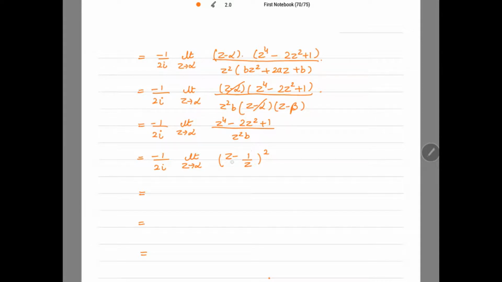That is your perfect square. And the z square that you have taken common is cancelled out with this z square. So I am left with this. Is it clear? Okay, I will write the steps for you. I have taken z square outside, and this is z square minus 2 plus 1 over z square, and in the denominator I have z square b. This is cancelled out, and this numerator is a perfect square, that is (z minus 1 over z) whole square divided by b. Is it fine? Alright.